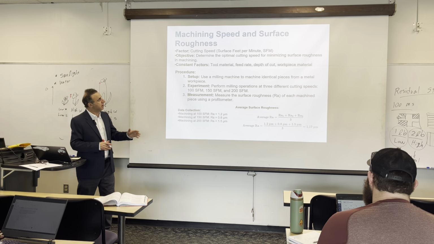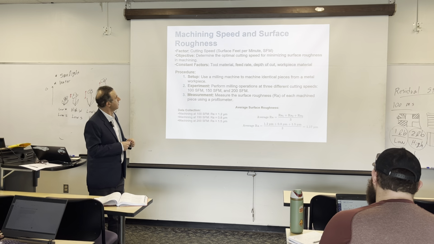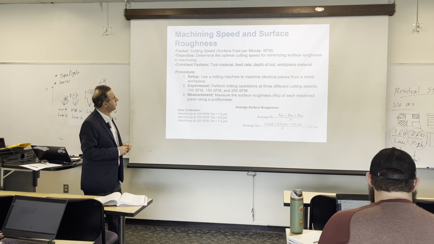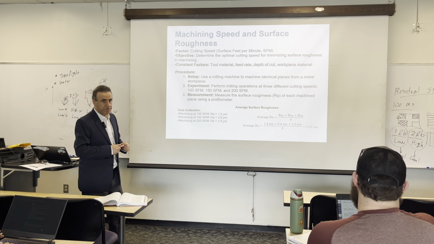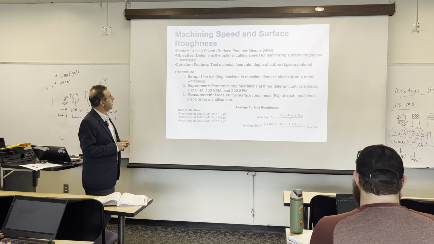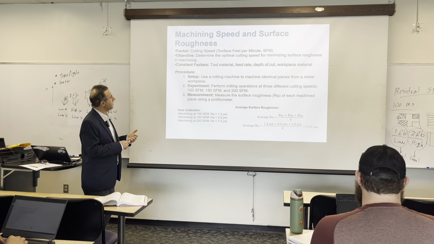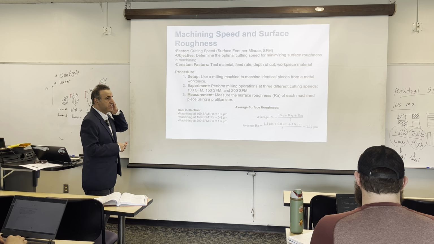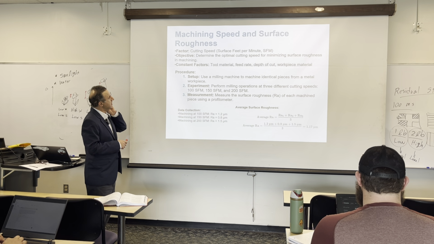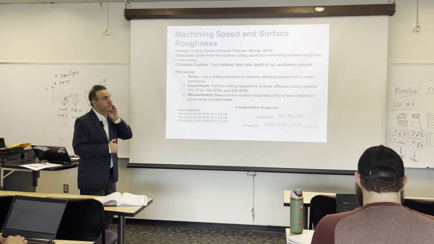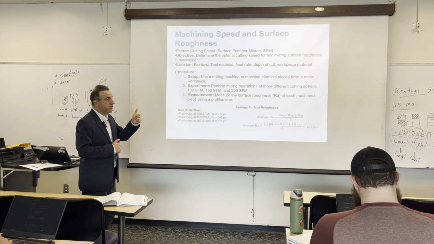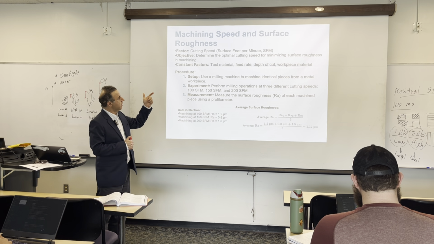So we have this experiment, let's say we have a machining process. So we are looking at the machining speed and surface roughness, okay? If we change, the factor is going to be cutting speed, SFM. We want to see the optimal cutting speed for minimizing surface roughness, right? What is the input and what is the output?